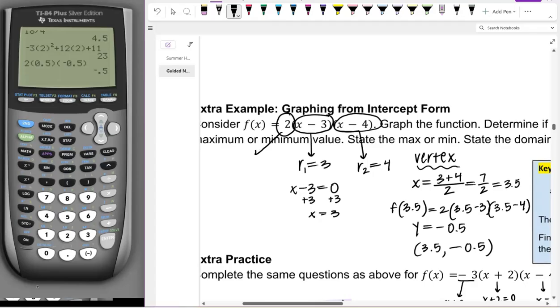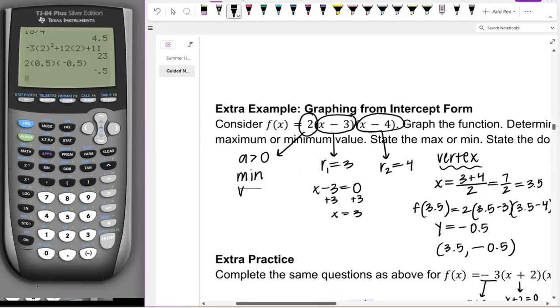Looking at my a value, I see that a is greater than 0, or positive, and that tells me that my parabola opens up. Therefore, it has a minimum, and the minimum value is the y value of the vertex. So the min value is negative 0.5 for this function.